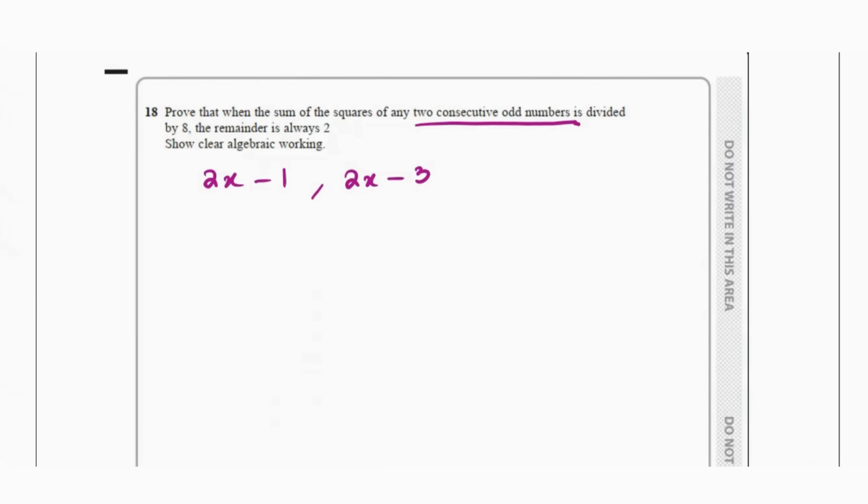Now, sum of the squares: (2x minus 1) squared plus (2x minus 3) squared, when it's divided by 8, the remainder is always 2. Let's check.